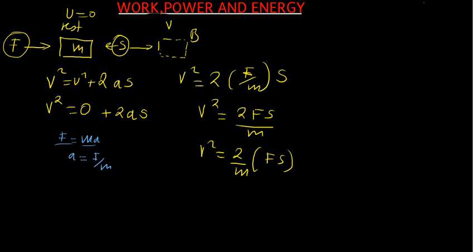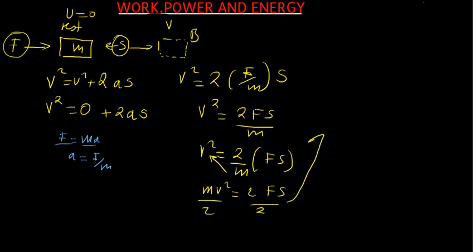So at this point I can cross multiply. I'm going to multiply this by that. That is going to give us m v squared is equal to 2 times Fs. If I want to divide, let's divide by 2 so that we only remain with Fs.